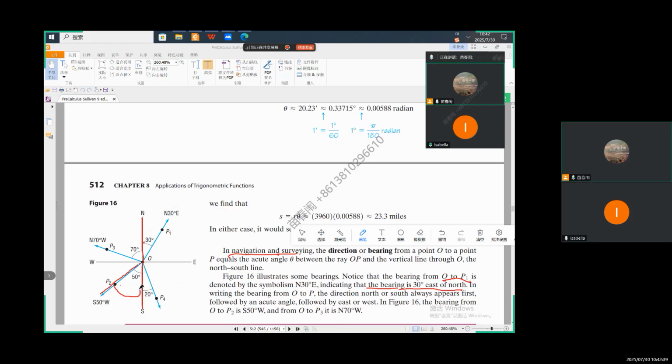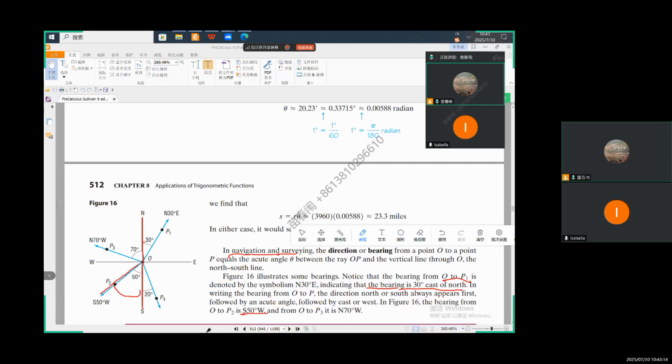Wait, are we sure it's not negative? It's 50 degrees west of south. Oh, okay, you mark it like this. Or I can say the bearing from O to P2 is 50 degree. And also for OP3, it's north of west.